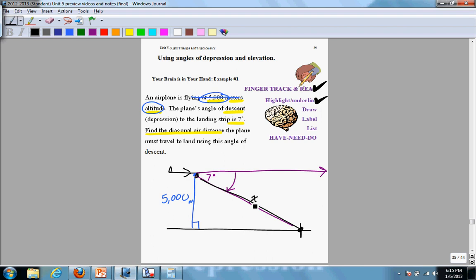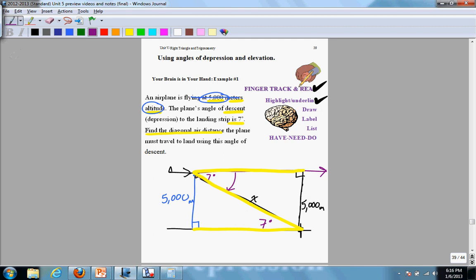That is our x. So if you look carefully, technically we have two triangles here which mirror each other. Because if I connect this here, this is 5,000 on this side. I have a right angle here. Because of those two right angles, that forces these to be parallel, and I can bring my 7 degrees down here as well.